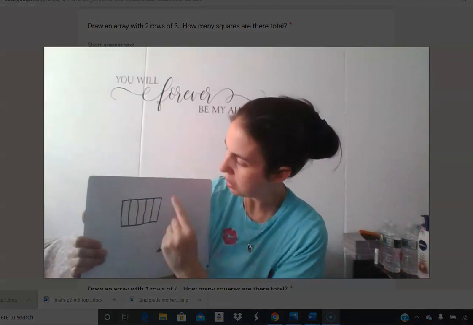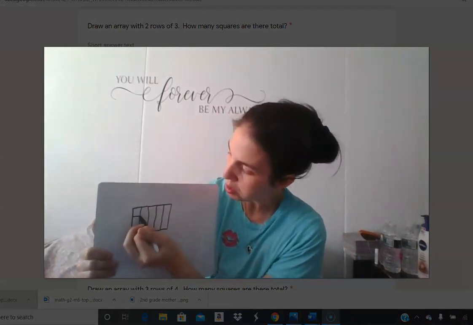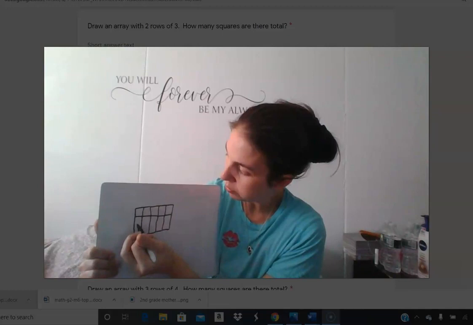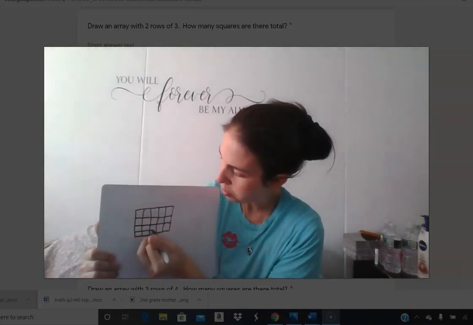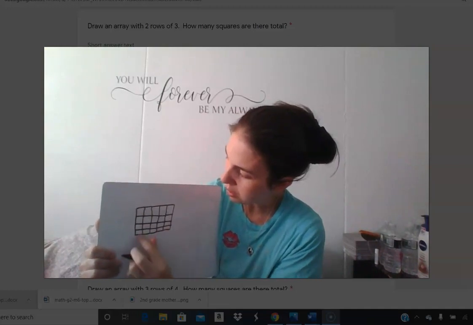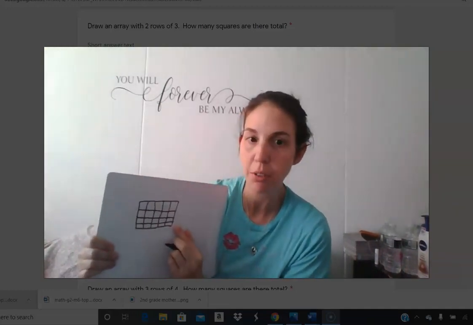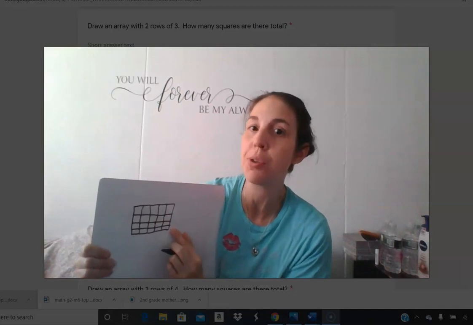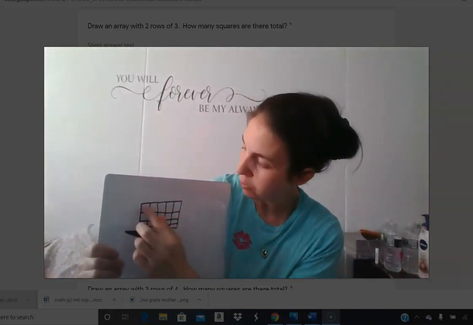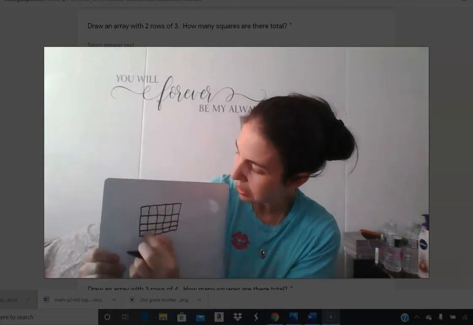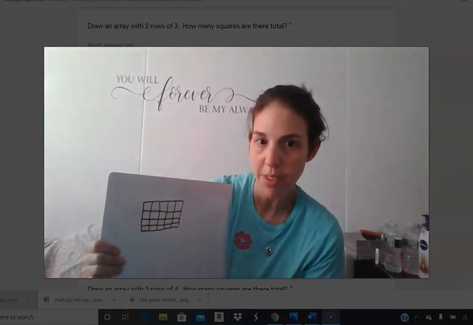So we have 5 columns, and now we want 4 rows. So we have 1 row, 2 rows, 3, 4. After you make your rows, it's a good idea to count and make sure that you ended up with the amount of rows that you wanted to. So I have 1 row, 2, 3, 4 rows. Okay? Awesome.